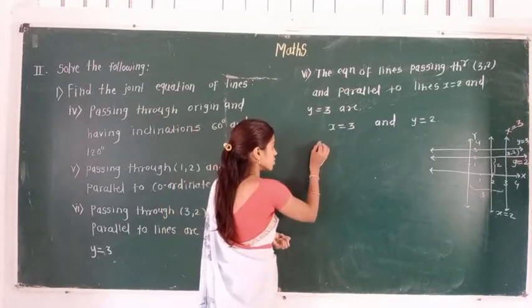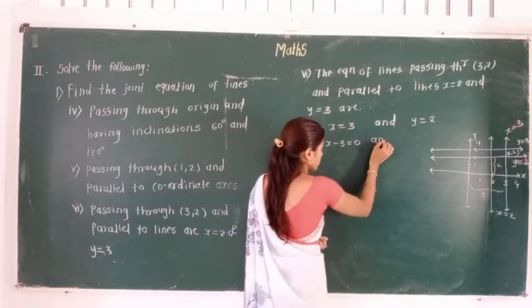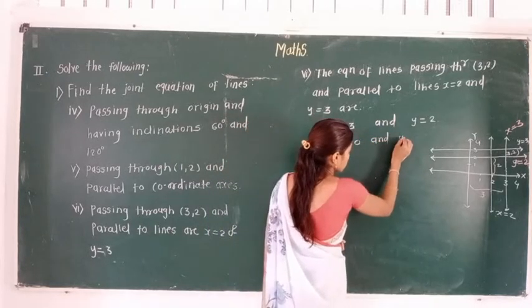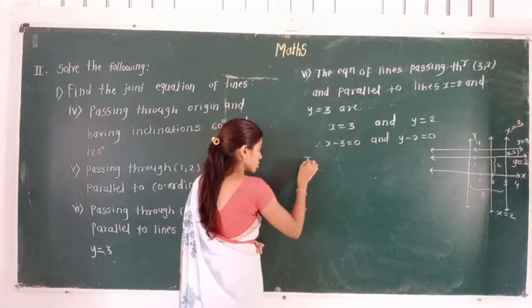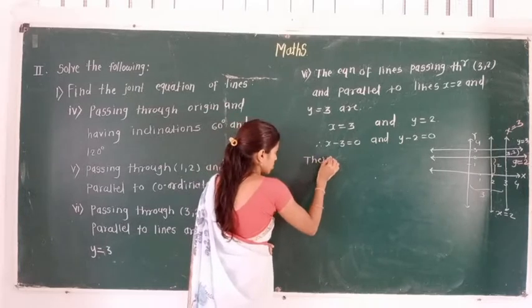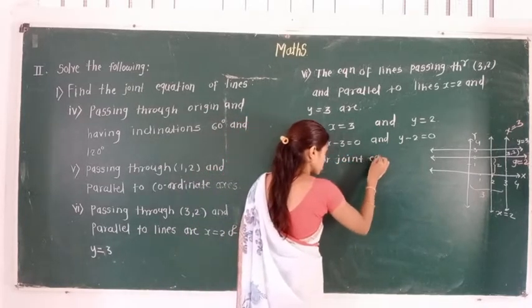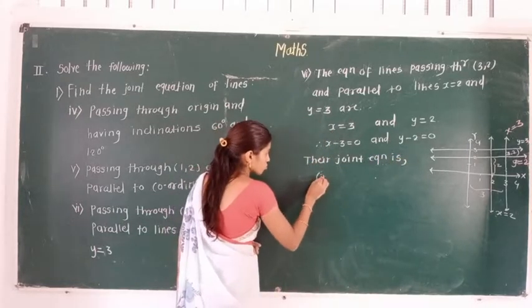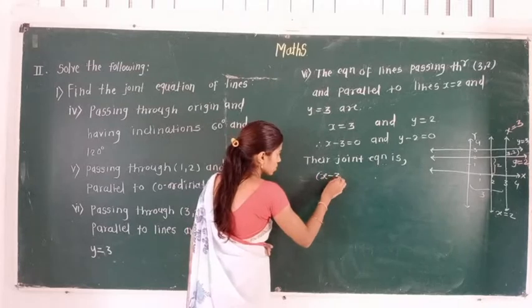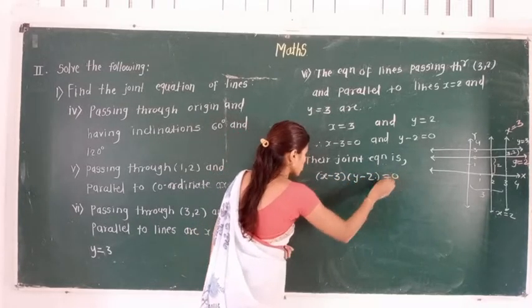We write the equations: x minus 3 is equal to 0 and the second equation is y minus 2 is equal to 0. Now write their joint equation. Their joint equation is the product of these two equations: (x minus 3) into (y minus 2) is equal to 0.